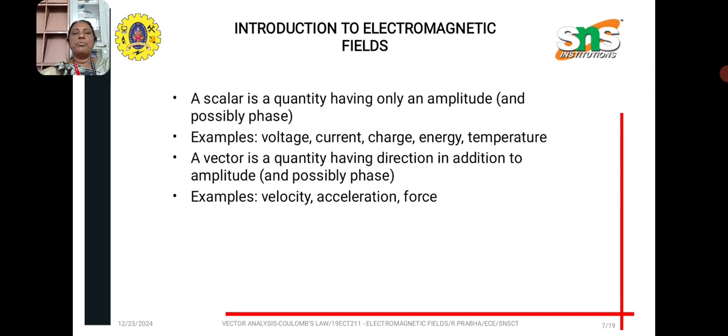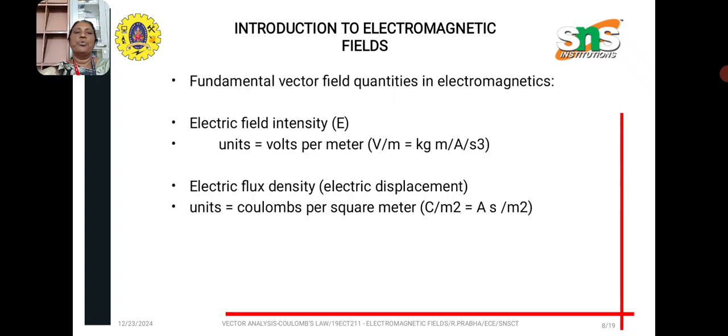Examples of scalars are voltage, current, charge, energy, and temperature, etc. And there is another category called vector, which is a quantity having direction in addition to the amplitude and possibly phase. The examples of vectors are velocity, acceleration, and force.